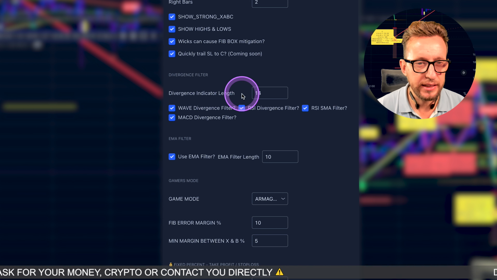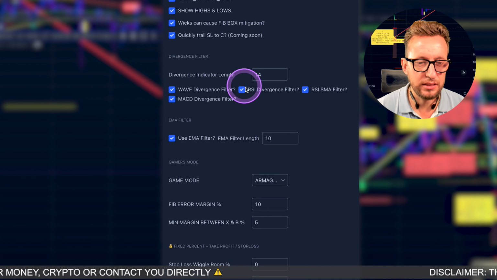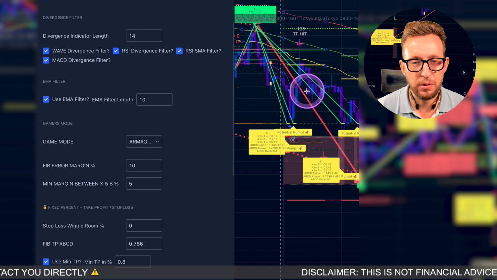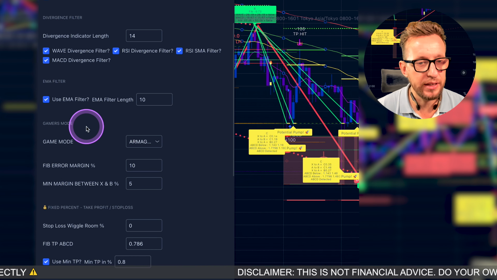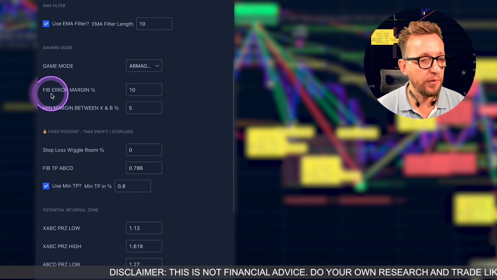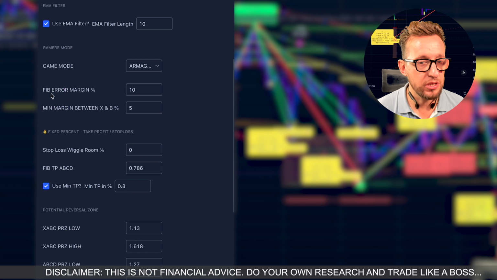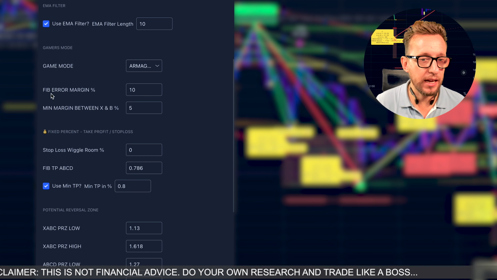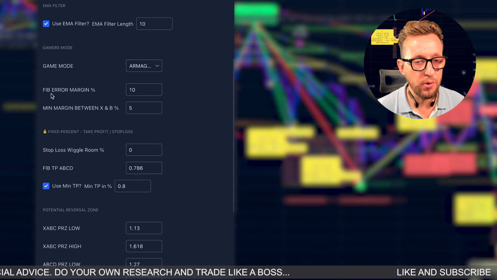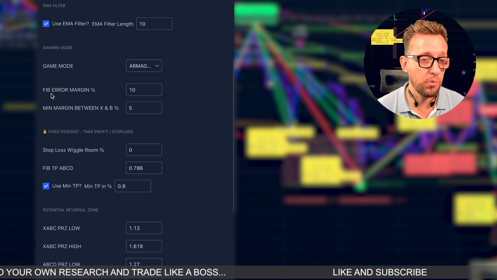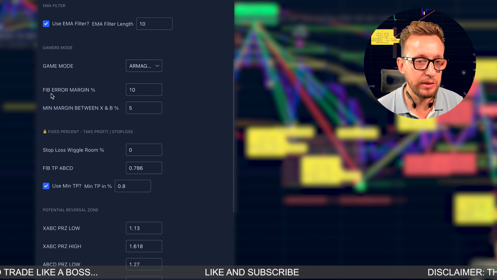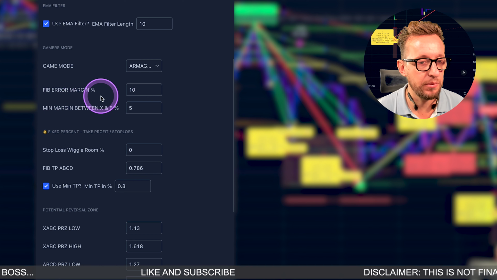Other things that I've added is just things like adding an EMA filter. The EMA filter will allow us to make sure that the B is above an EMA. Also an error of margin for the Fibonacci's, which gives us maybe even more entries, maybe where a wick comes down and just slightly goes over that Fibonacci. And as we've got the backtester, we'll be able to backtest to see whether the Fibonacci margin error would be any good.